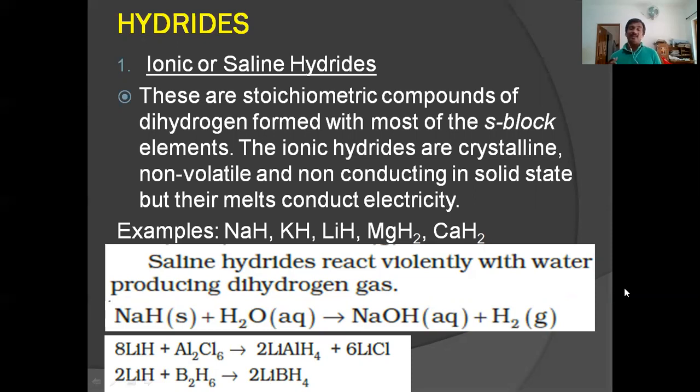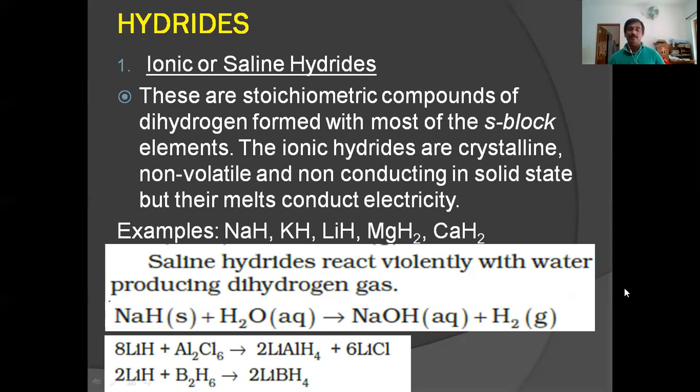Saline hydrides react violently with water producing dihydrogen gas. Sodium hydride reacts with water and forms NaOH and liberates H2. But LiH has no such violent reaction because of its more covalent character; the reaction between water and LiH is slow.